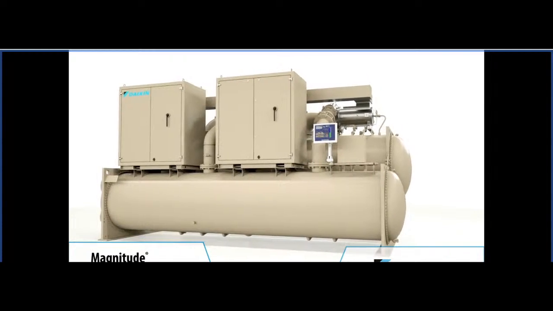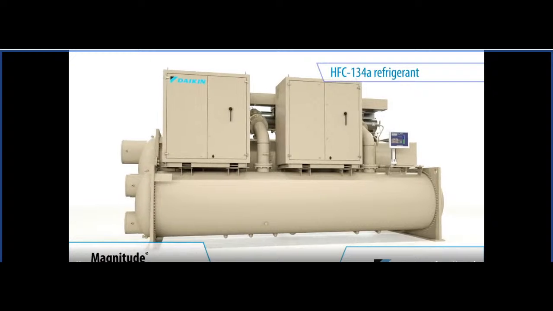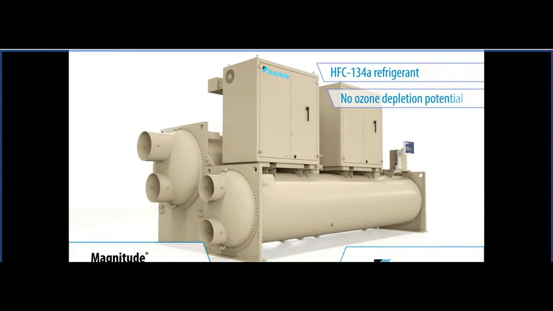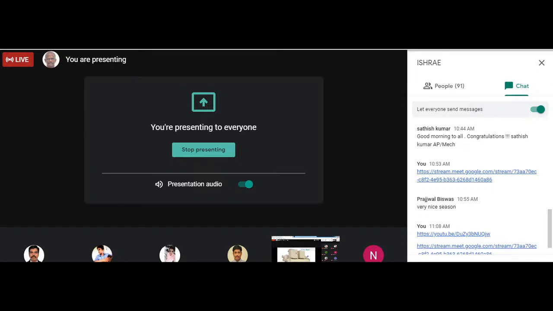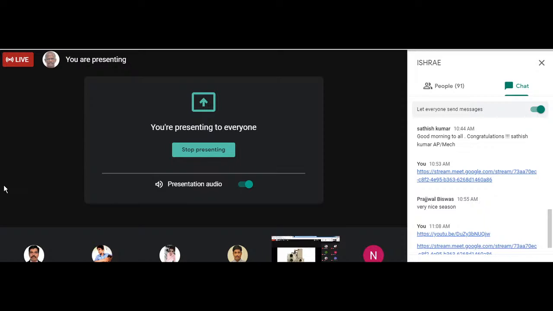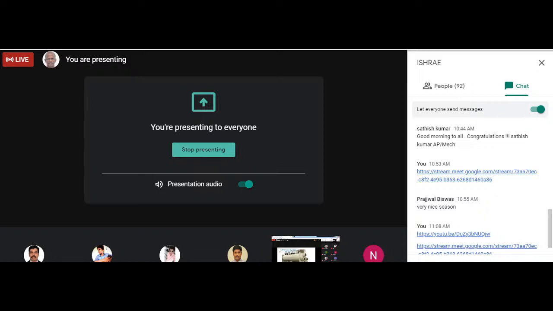Like all our centrifugal chillers, the Magnitude chiller uses HFC-134a, an environmentally responsible refrigerant, with no ozone depletion potential and no phase-out schedule. This Magnitude chiller is available with our Open Choices control feature, which allows easy integration with building automation systems using LonMark, BACnet, or Modbus communication, eliminating the need for expensive gateway panels.